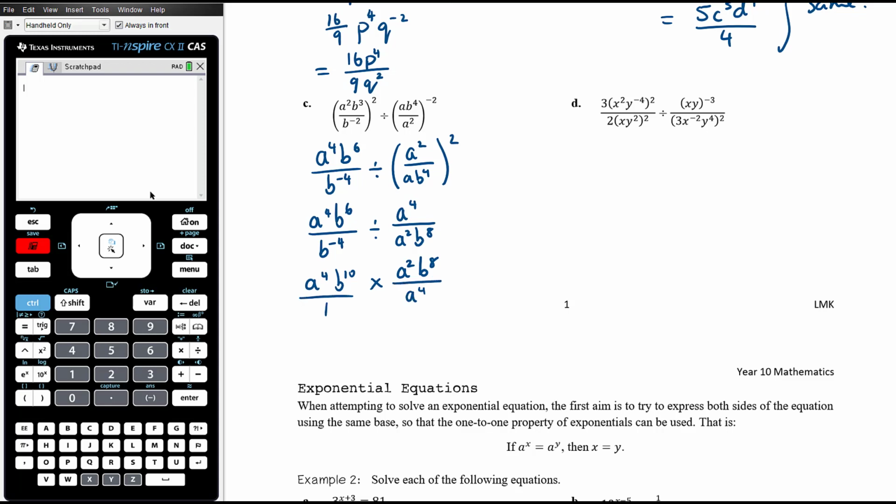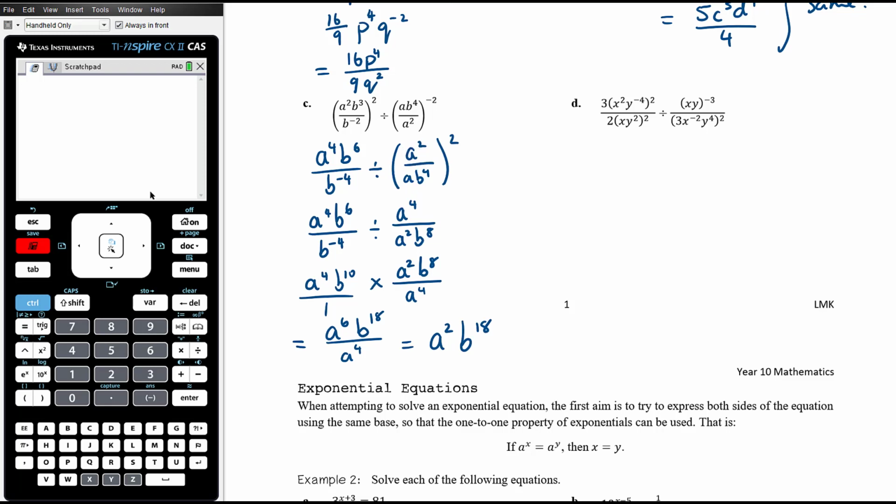So maybe let's now put these together. We add those powers, a to the 4 times a squared is a to the 6, b to the power of 10 plus 8, which is b to the 18, over a to the 4, and then we can simplify our a to the 6 over a to the 4, so subtracting those powers, a squared b to the 18. Again, we could have simplified these a's earlier on if we wanted.